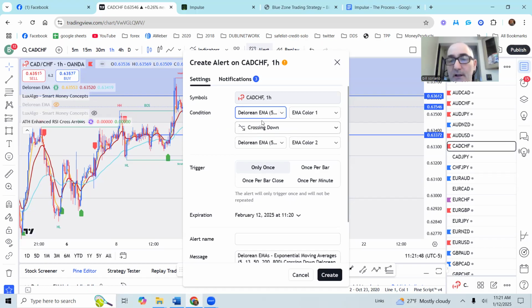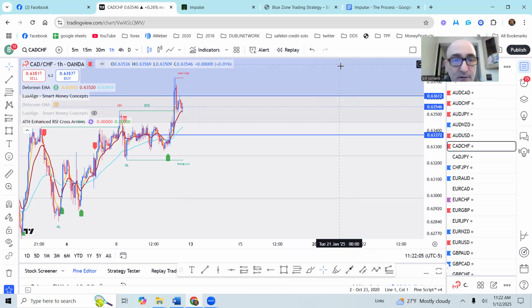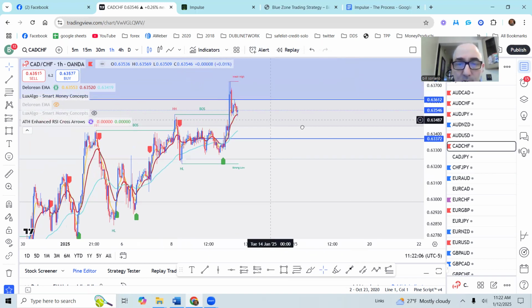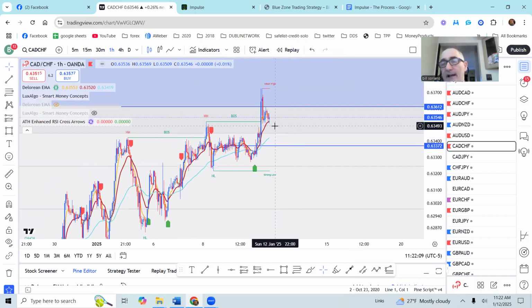So the yellow one crosses down below the red one, and we need to select once per bar close because you have to wait for that candle to close, because it may cross down below, but then it may move back up and not make the cross. So you have to wait for that candle to close, and that's how you would set that alert. And once that alert would go off, then you would have an opportunity to possibly take a trade, right?